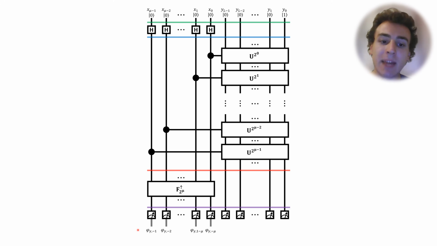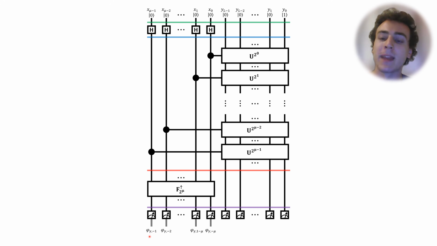And have a look at the labels for these bits at the bottom. We can see that there are two numbers in the subscript. The first number is gamma, and the second number over here is -1, then -2, and it goes all the way to minus mu. Previously, when we were looking at the exact case of the quantum phase estimation algorithm, we didn't need this gamma.